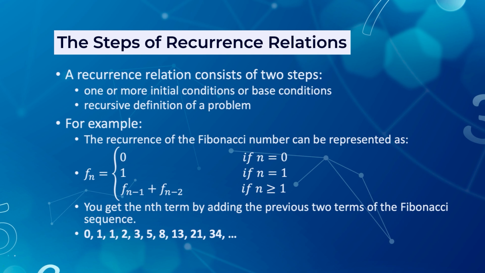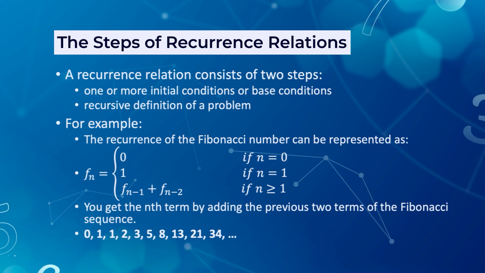F0 is 0, F1 is 1, but F2 is the sum of the previous two Fibonacci numbers, 0 plus 1, which is 1. The next Fibonacci number will be 1 plus 1, 2. The next will be the sum of 1 and 2, which is 3. Next, 3 plus 2, 5, and so on and so forth.